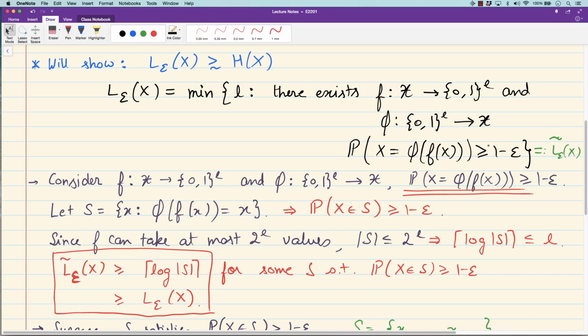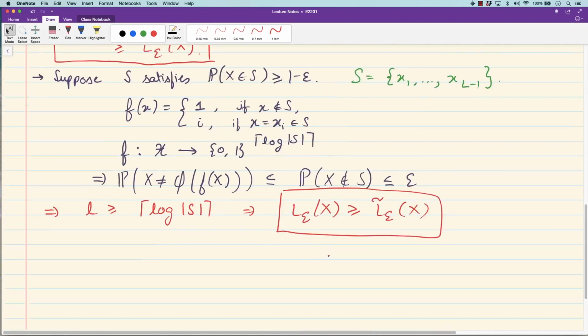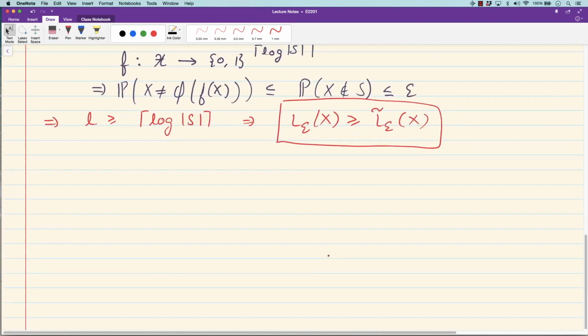Okay, so we have now derived a lower bound. We still haven't shown that lower bound. All right, how do we show that? So now for the lower bound, we can just consider any mapping.